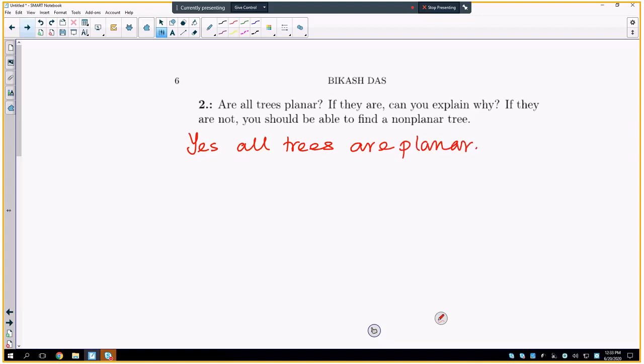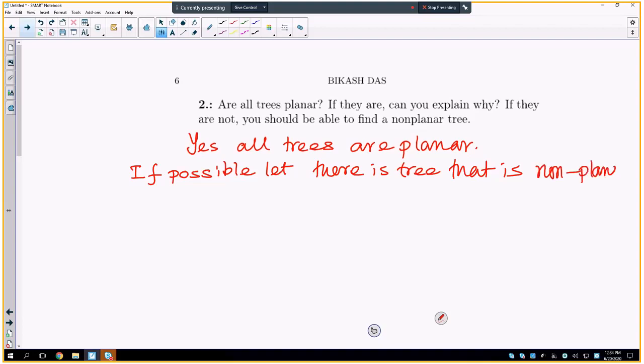Remember that theorem, which was because of Kuratowski. The theorem told us a non-planar graph must contain a subgraph that is homeomorphic to a K33 or a K5. So I'm going to answer the question similarly. I will say that if possible, let there be a tree that is non-planar.